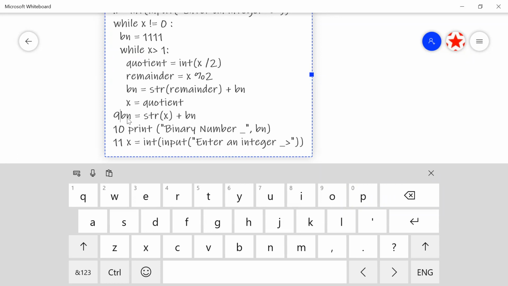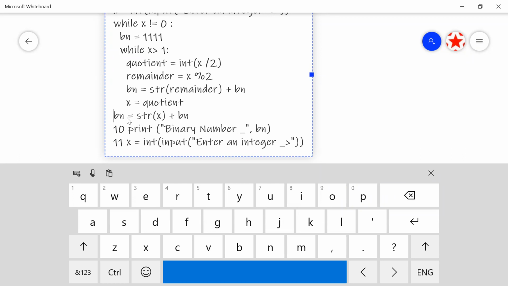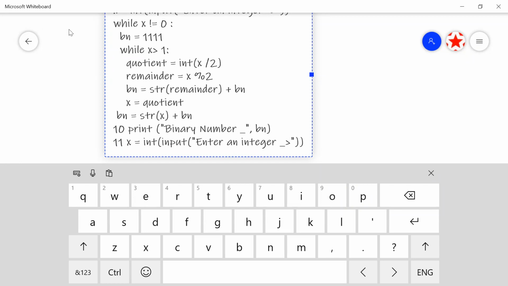And this is the place that they have done the correction, right?